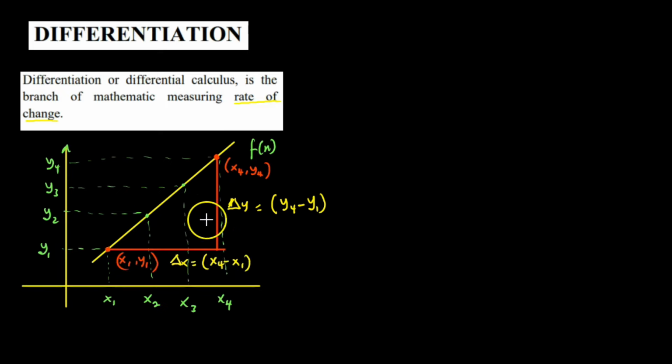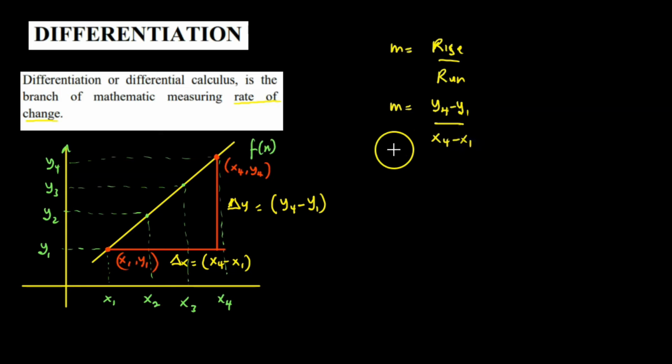So that's the whole idea. Therefore, gradient on the line, which we say m, is equal to the rise over run. That gives m equal to y4 minus y1 all over x4 minus x1. Interestingly, gradient on a line is fixed for all set of points on that given line.